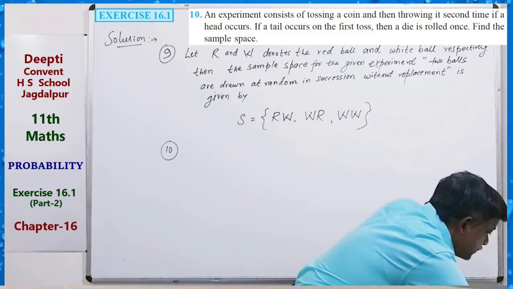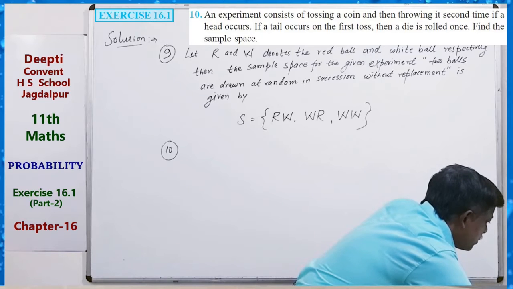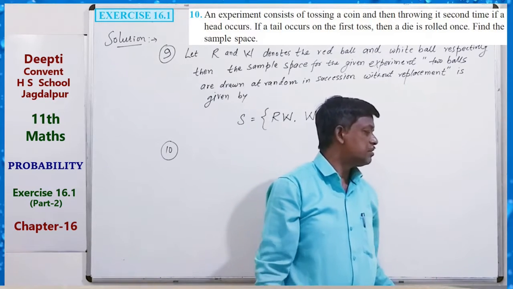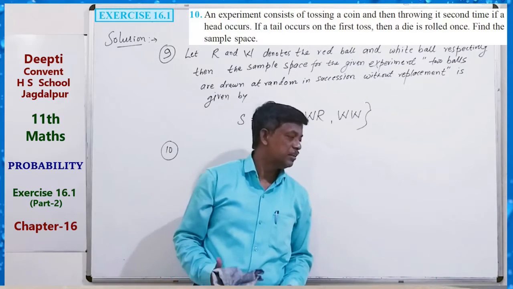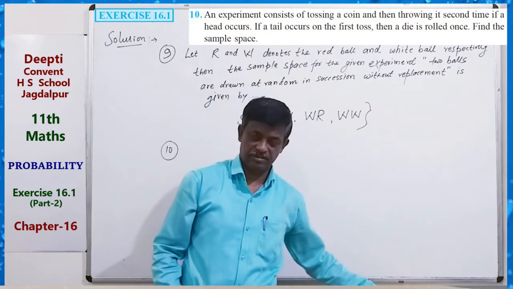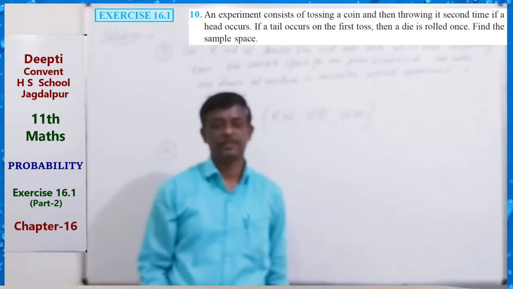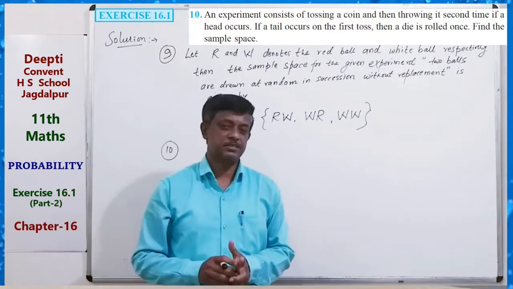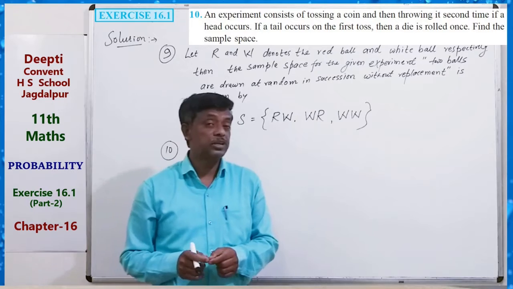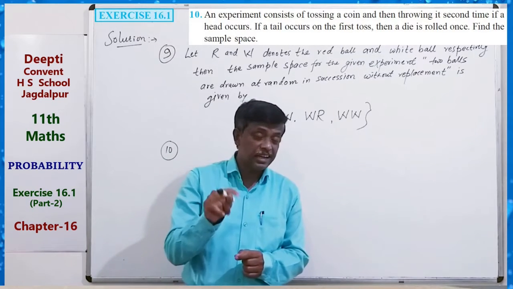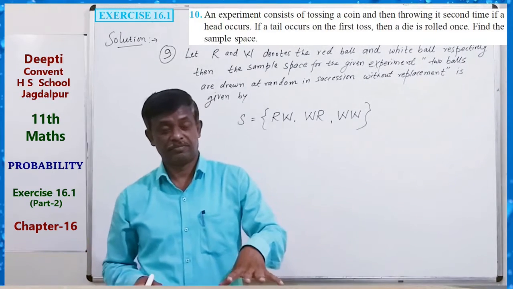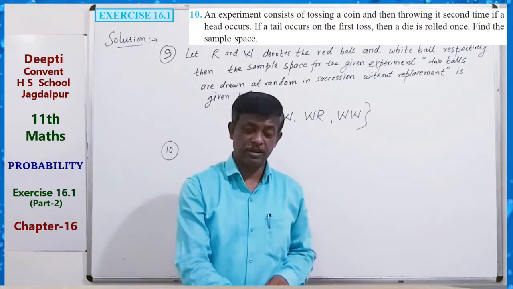Take question 10. Question 10 is an experiment consisting of tossing a coin and then throwing it a second time if a head occurs. What is the experiment? Just tossing a coin and then throwing it a second time if a head occurs the first time.